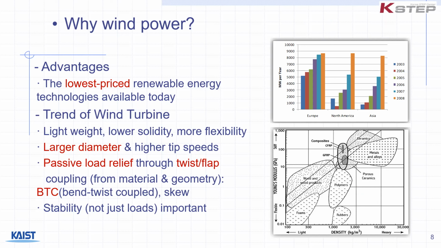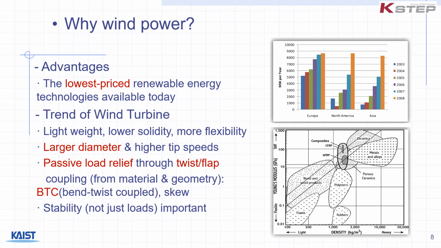Right? And passive load relief, you can see in the later stage, that twist and bending is available by nature or by material. So when the wind speed is fluctuating and there is a gust coming, high speed wind coming suddenly, then the wind blade changes its shape so that the angle of attack is smaller than before.